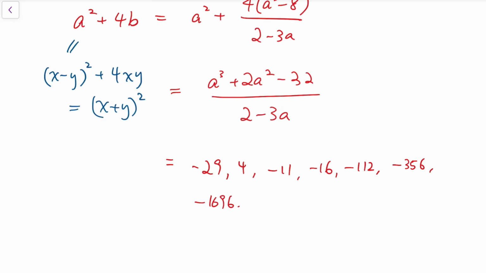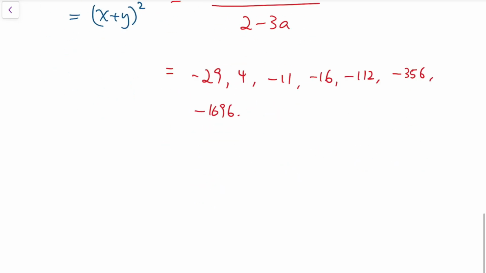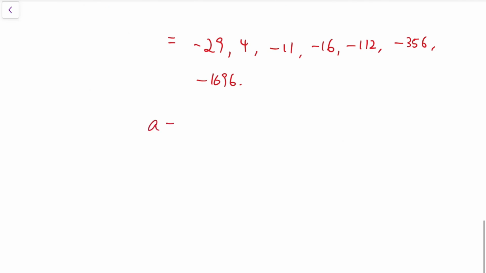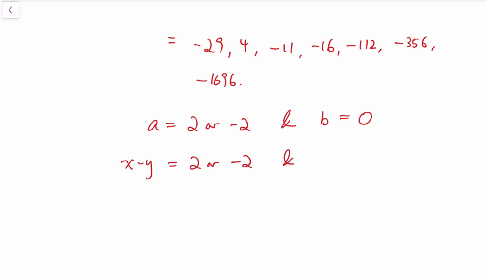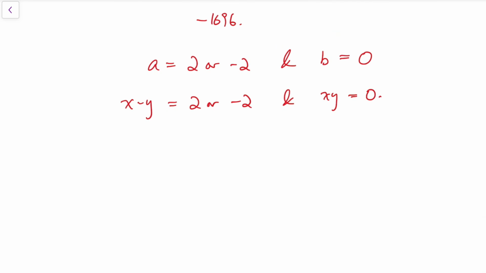For a squared plus 4b equals 4, that happens when a equals 2 or minus 2, and b equals 0. And that means x minus y is either 2 or minus 2, and xy equals 0. So that means either x or y must be 0, and the other would be 2 or minus 2. So at this point, we have these solutions.